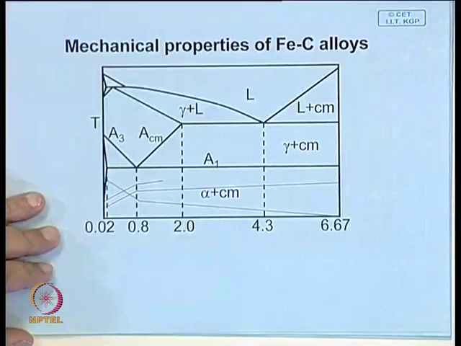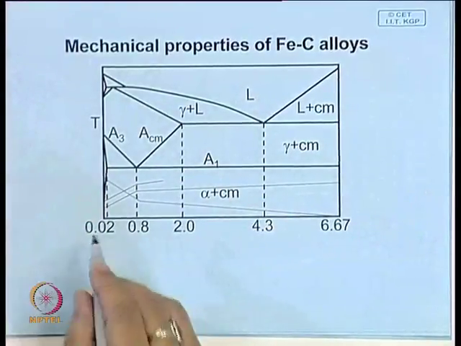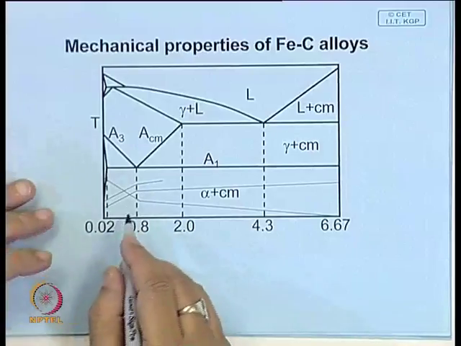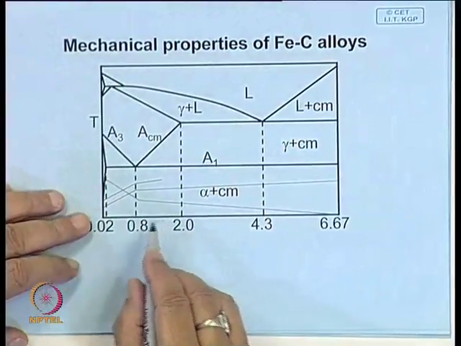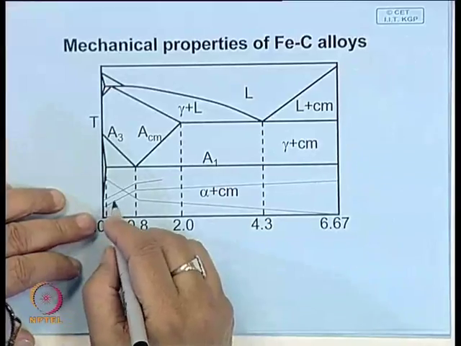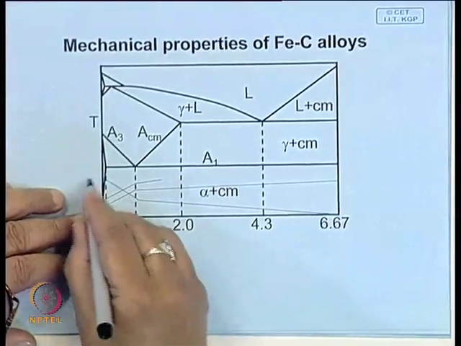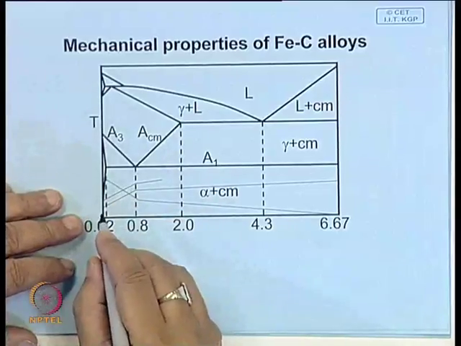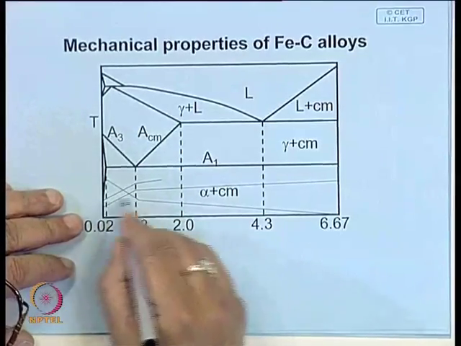Now, let us look at this. That means the properties of iron carbon alloy are significantly defined by carbon, which is a major alloying element.